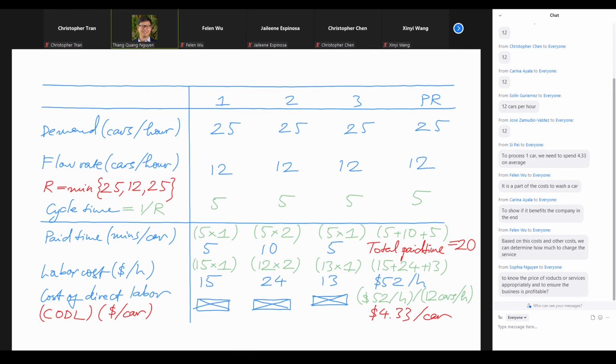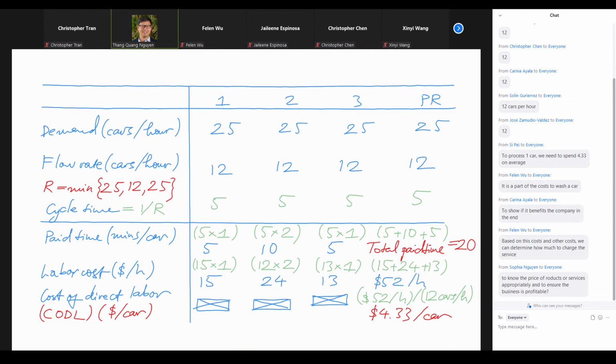So think about it. If you are the manager of this business, we take that $4.33 as a basis, and then we add on the cost of operation. For example, the cost of the equipment. If you are doing accounting, the cost of the equipment shows up as a depreciation of the equipment, right?